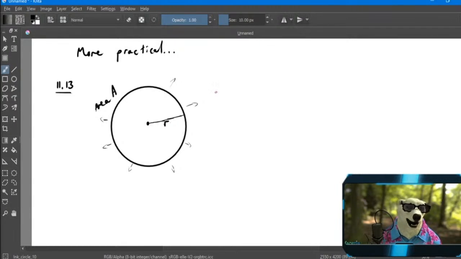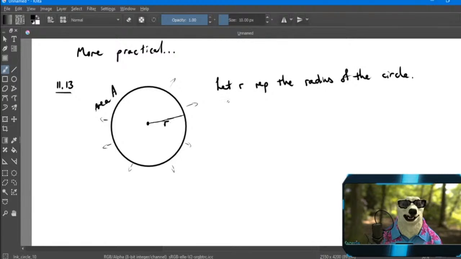Since this is a word problem, we have to start with defining our variables. So we say let R represent the radius of the circle. What's important here is to realize that R is a function of time.